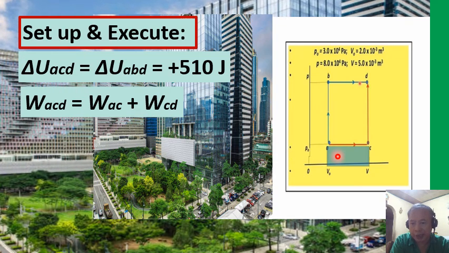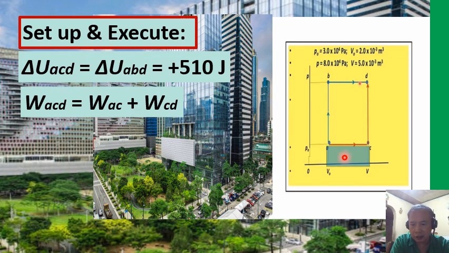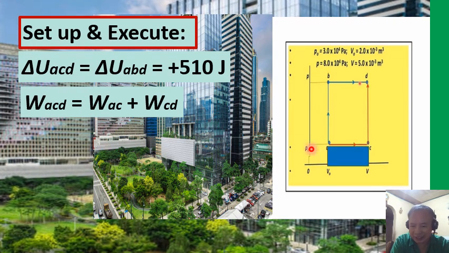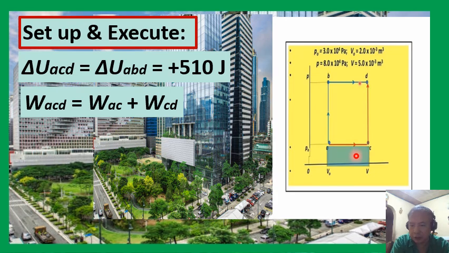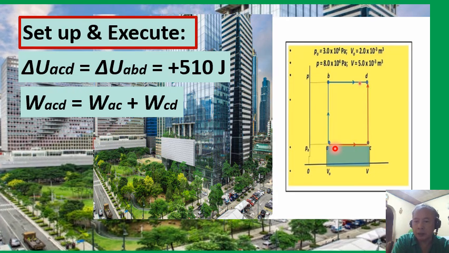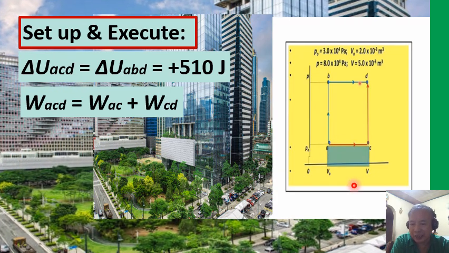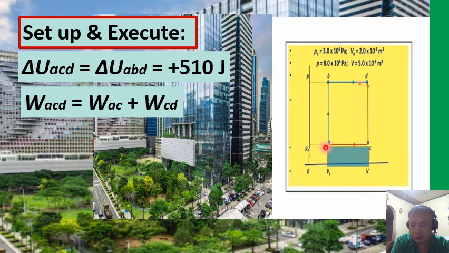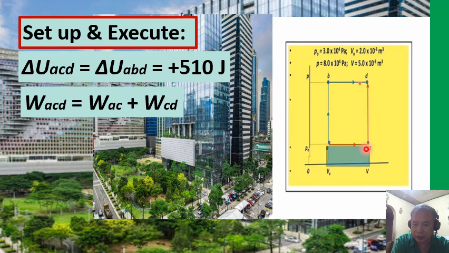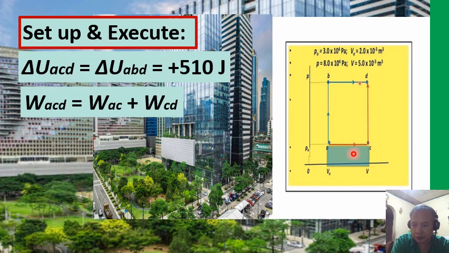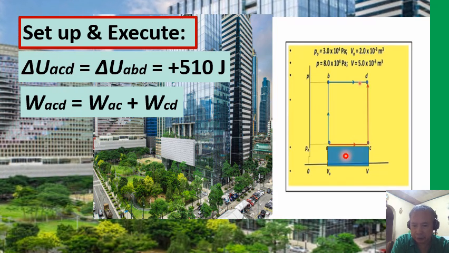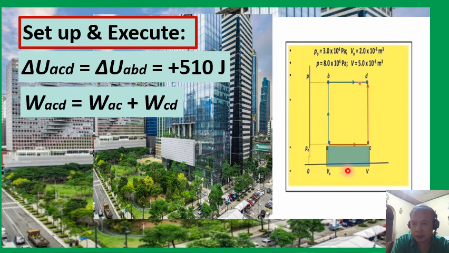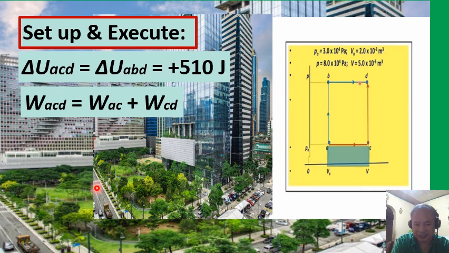In our PV graph, we represent the work done along the path AC by the blue shaded polygon, bounded by the line AC and the volume axis. Notice that there is no change in the pressure, even if there's an increase in the volume. That is the work done along the path AC, which is an example of an isobaric process.